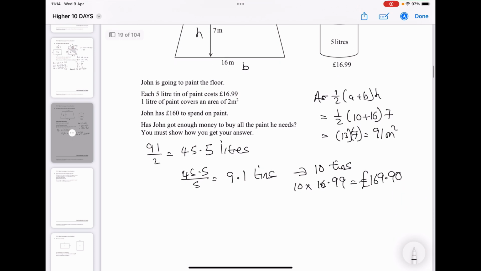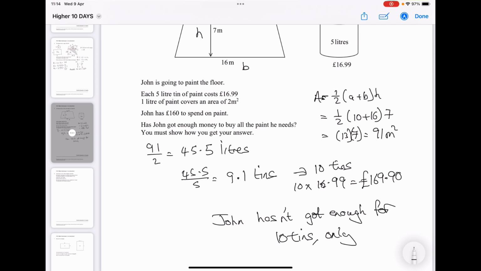So John hasn't got enough for 10 tins. Only 9, he probably has got enough there. If we'd done 9.1 times 16.99, probably he's got enough money for the paint, but he hasn't got enough to buy the tins.